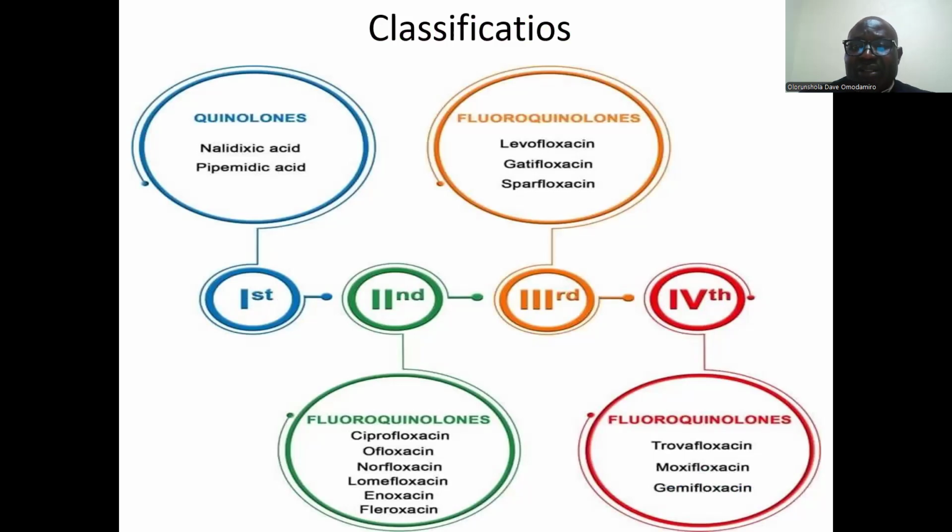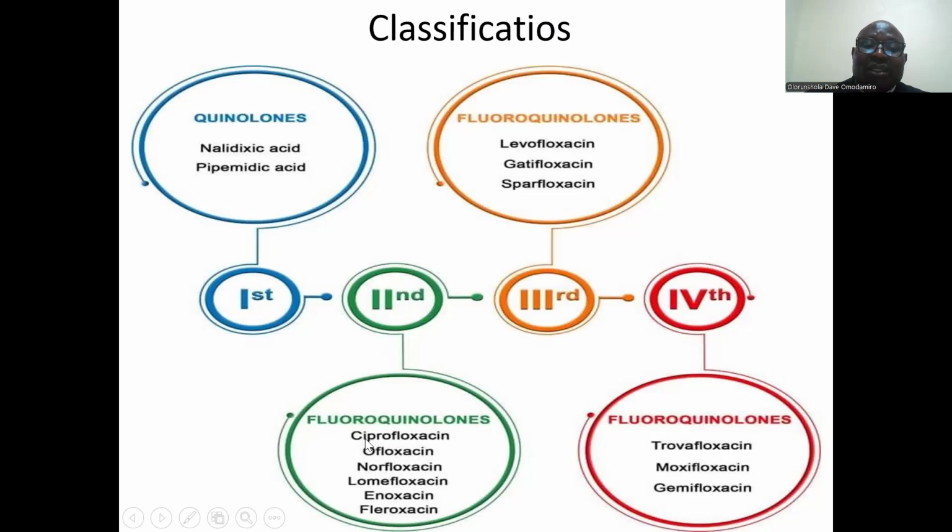But because of various limitations of nalidixic acid, which we will see later in the course of this lecture, we have the fluoroquinolones, in which the quinolone structure has been fluorinated, also with piperazine. And then we have the second generation quinolone, which is fluoroquinolone.